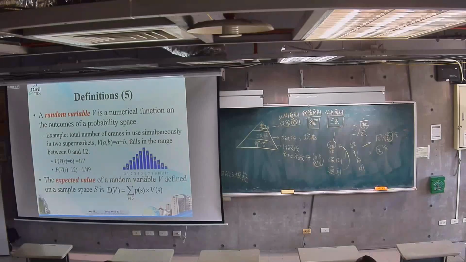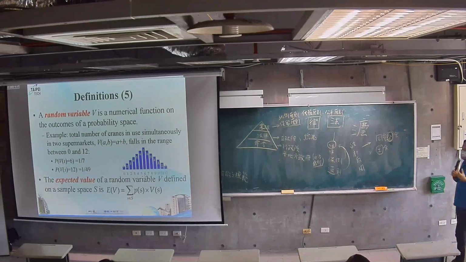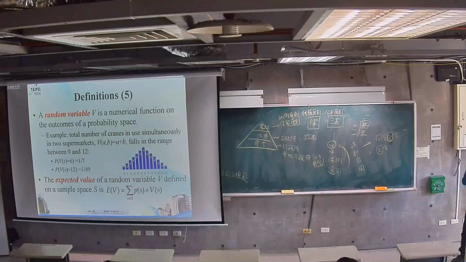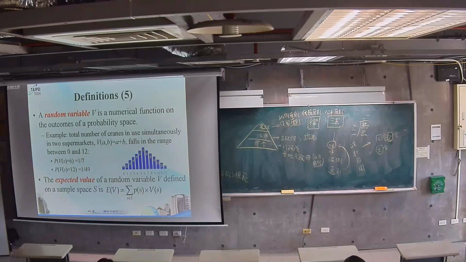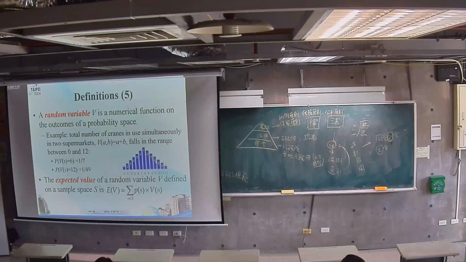And each value has some outcomes. For this example, the total number of crayons in use is 6, and it has 7 outcomes here. If we take 9, the total number of crayons in use is 9, we have 4 outcomes.